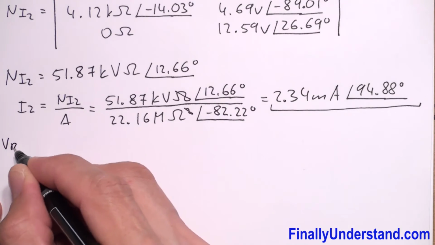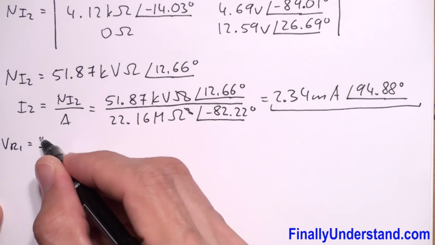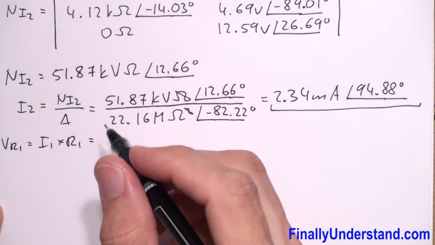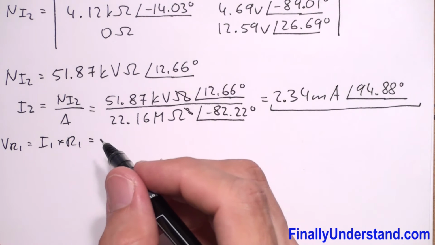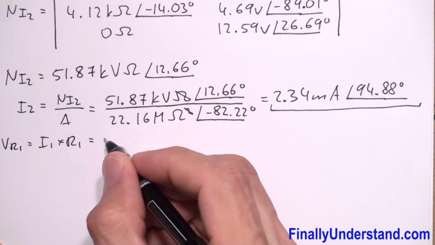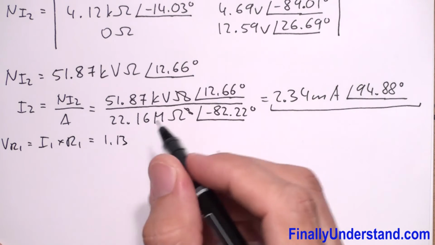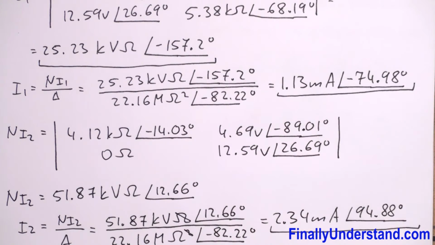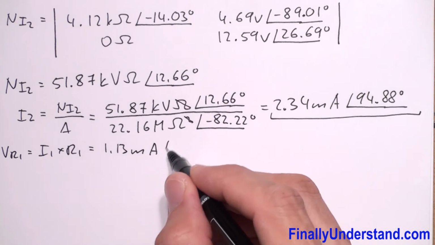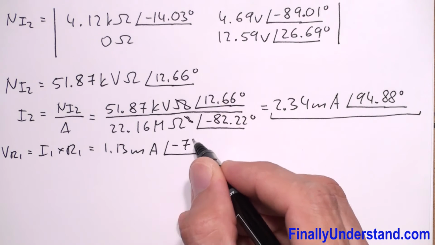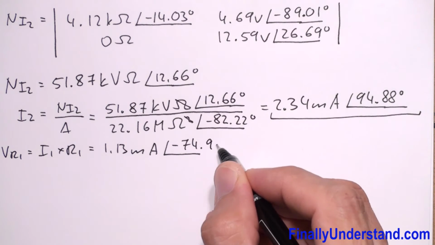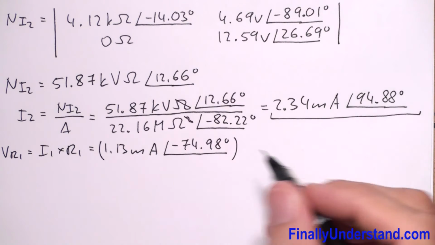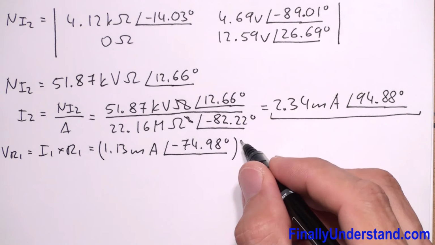VR1 is equal I1 times R1, where I1 we found is equal 1.13 milliamps and angle of negative 74.98 degrees, times R1, which is equal 4 kilo ohms.